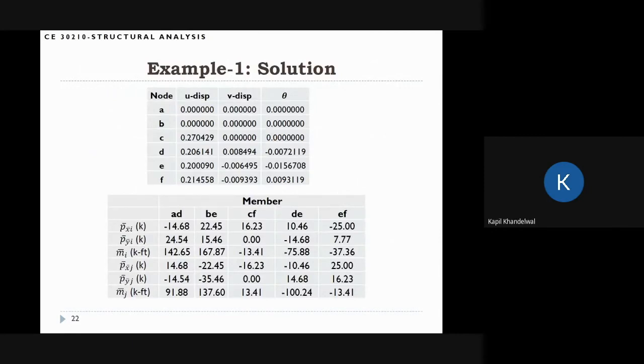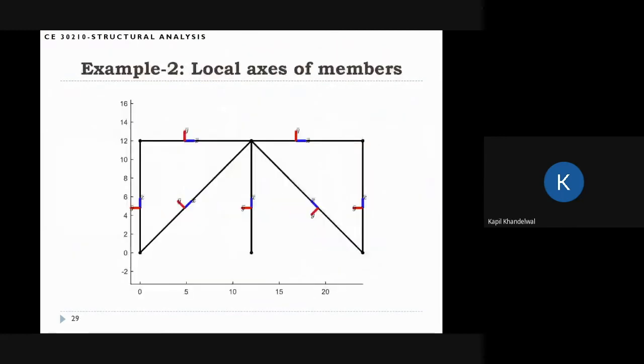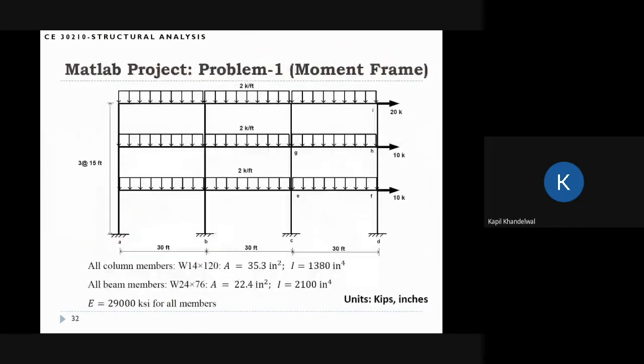After you have done the analysis correctly, you can go ahead and use it to solve the problems for your final project. For the final project, you have to solve 2 frames. The first problem is solving a moment frame.